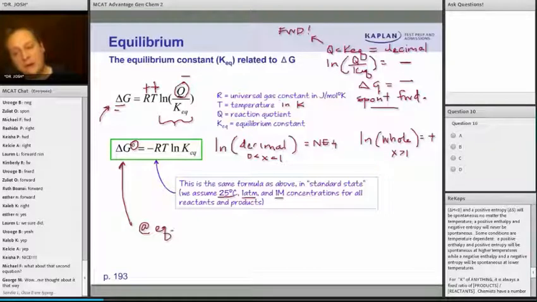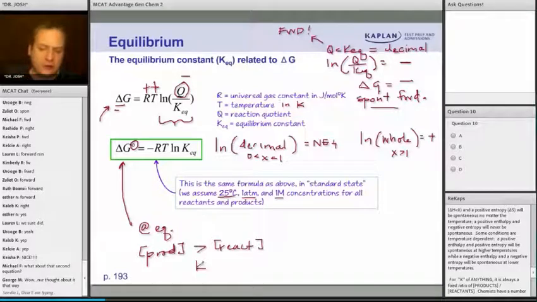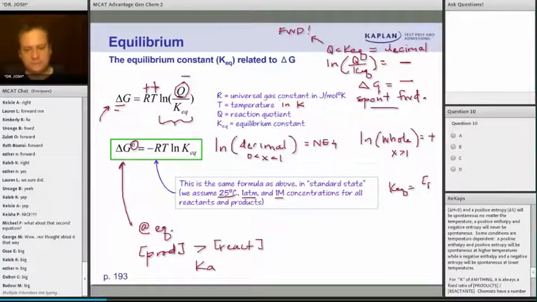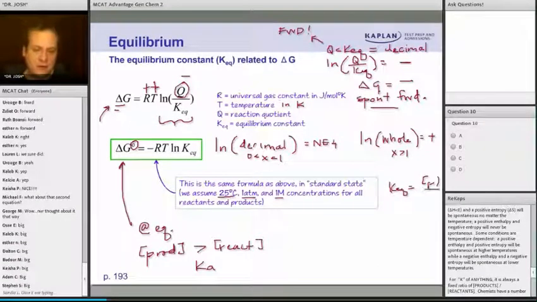So note, again, we think about our logarithm. Let's say that at equilibrium, your concentration of products is considerably larger than your concentration of reactants. Should you have a big Keq or a small Keq? Remember, Keq, same thing as Q. You end up with just concentration of product over reactant.